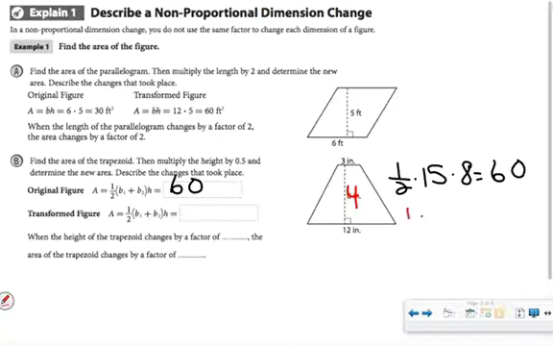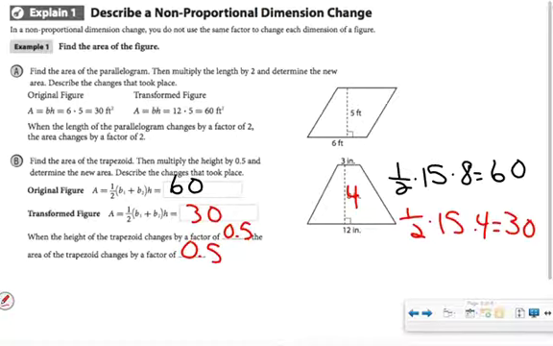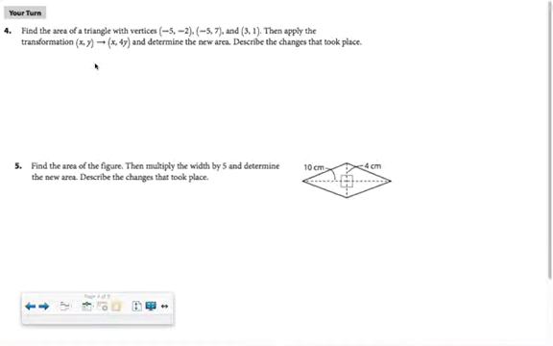So it'll be 1/2 times base 1 plus base 2 is still going to be 15, but now I'm going to be multiplying it by 4. So it should make sense that this area is going to be 30. So when the height of the trapezoid changed by a factor of 0.5, the area of the trapezoid changed by a factor of 0.5.